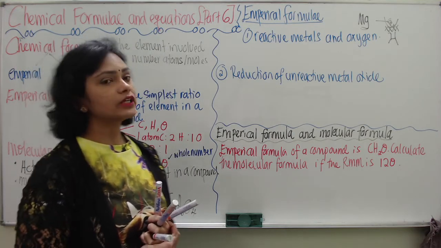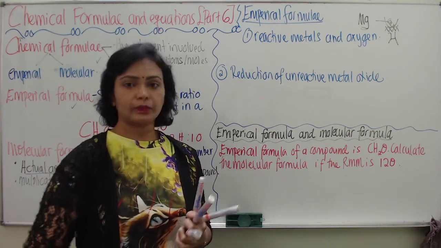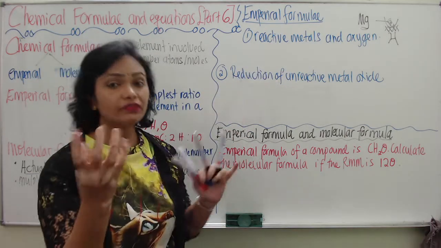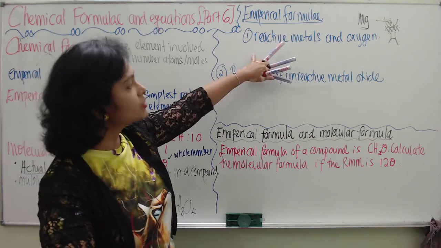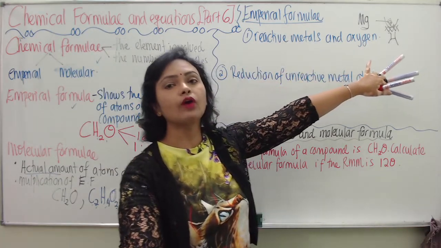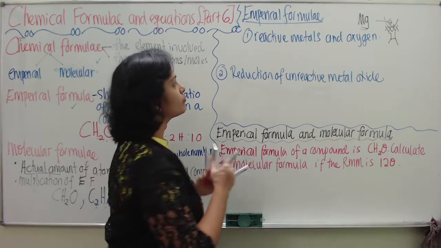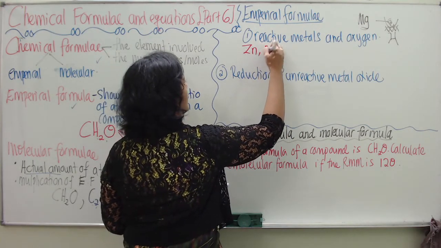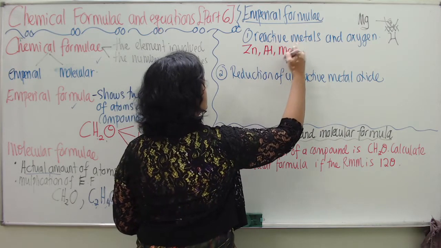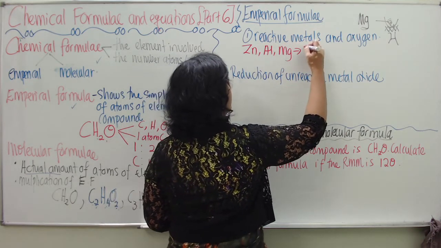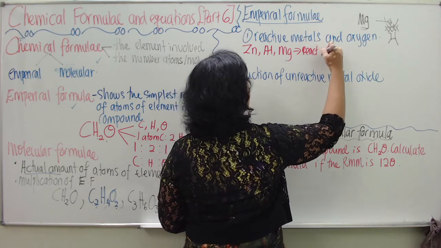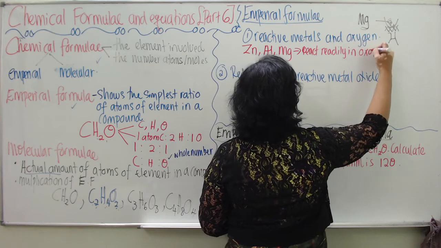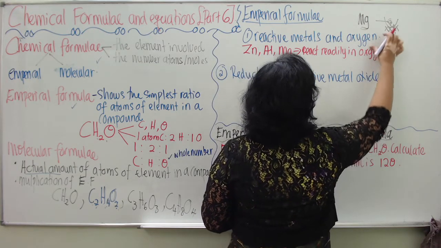I can't explain the experiment here, but please remember that the crucible is mainly used for reactive metals such as zinc, aluminium and magnesium. Why? Because they are reactive and react readily in oxygen.